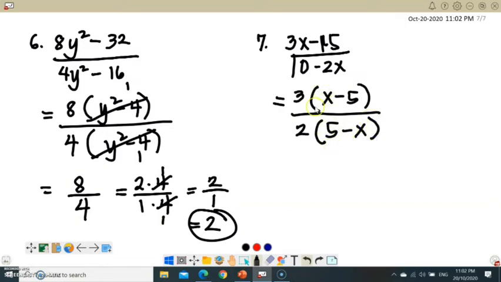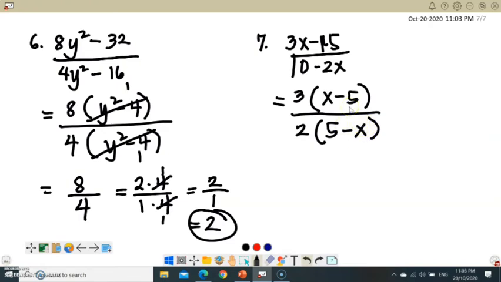So can we cancel x minus 5 and 5 minus x? Of course not. Why? Because here 5 is negative while on the denominator 5 is positive. On the numerator, x is positive, while on the denominator, x is negative x.